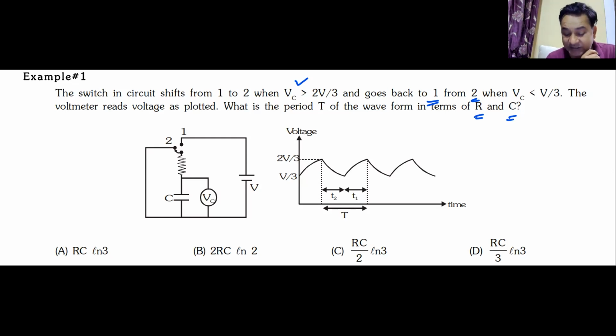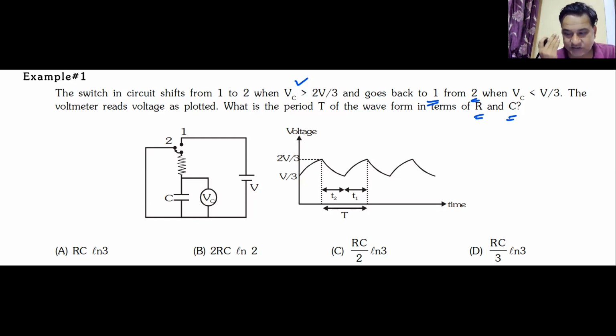So initially the switch is at point 1. With the switch at point 1, what is happening? The capacitor is getting charged. Yes or no? Yes, sir. When the voltage across the capacitor becomes greater than 2V by 3, the switch is switched from 1 to 2 so that the capacitor starts to discharge.